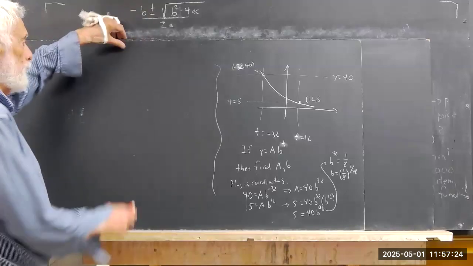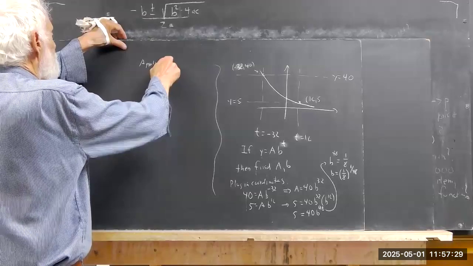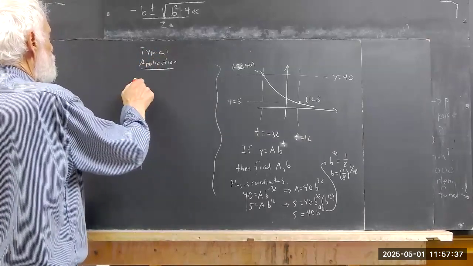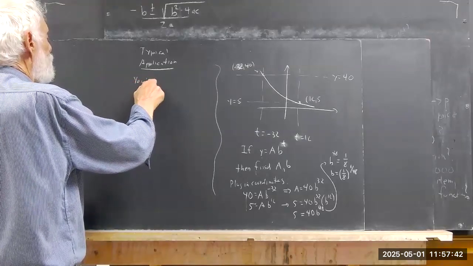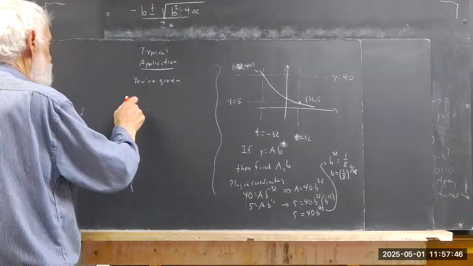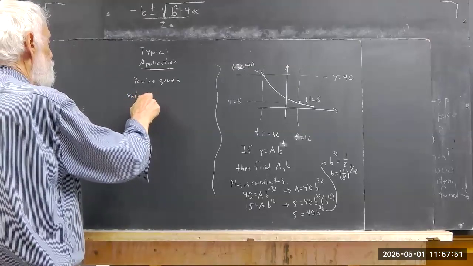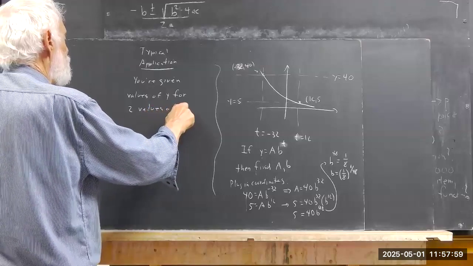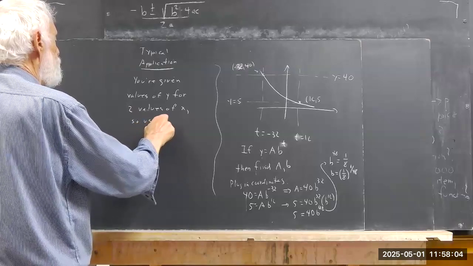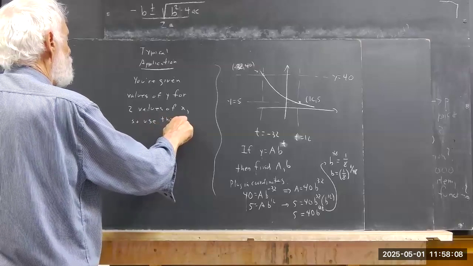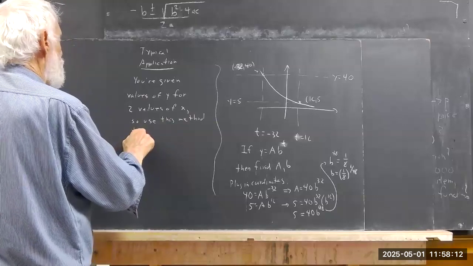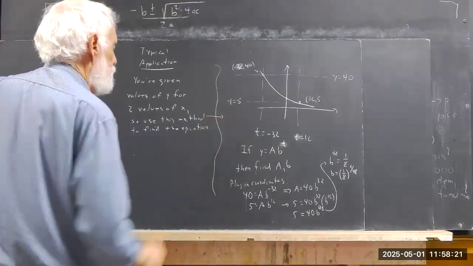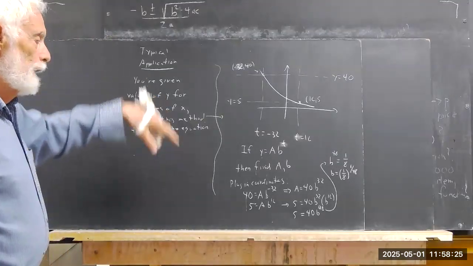Now, this is the sort of thing that you do for an application problem. In a typical application, given two values of y, you are given values of y for two values of x.